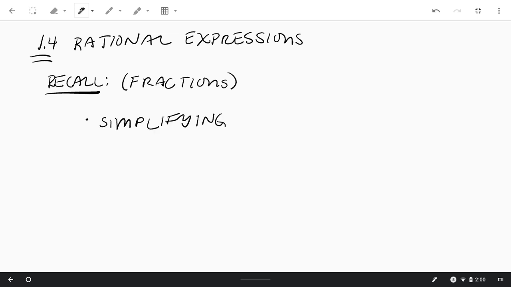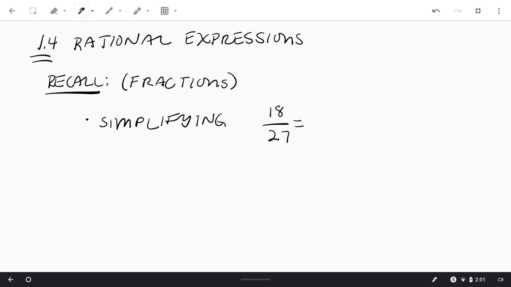If you remember with simplifying fractions like this, let's suppose that we have 18 over 27. Here we can reduce this fraction because what number do they have in common? They have 9 in common, right? 18, 27, they're both divisible by 9.